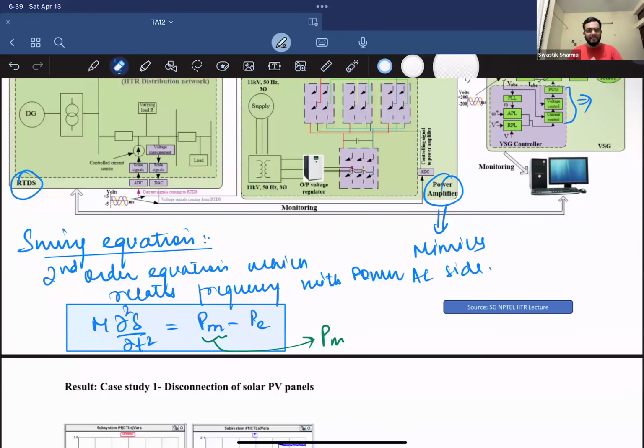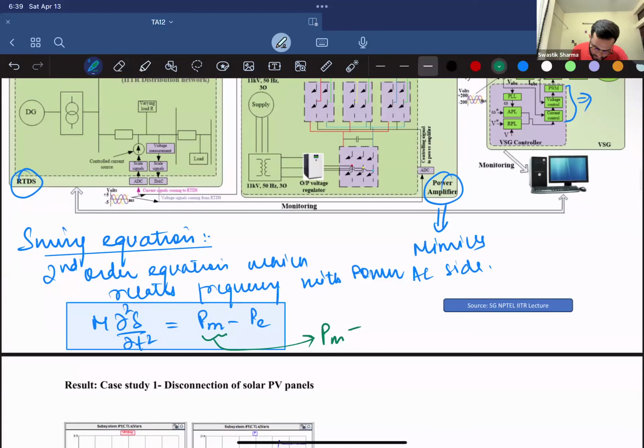To maintain the frequency, your synchronous generator takes in some mechanical input, out of which some is used for developing that electromagnetic torque, and the resultant, or we can say P required, is the one that controls how your frequency would look, because it's in direct relation with the mass of the system in proportion to how your frequency would behave.